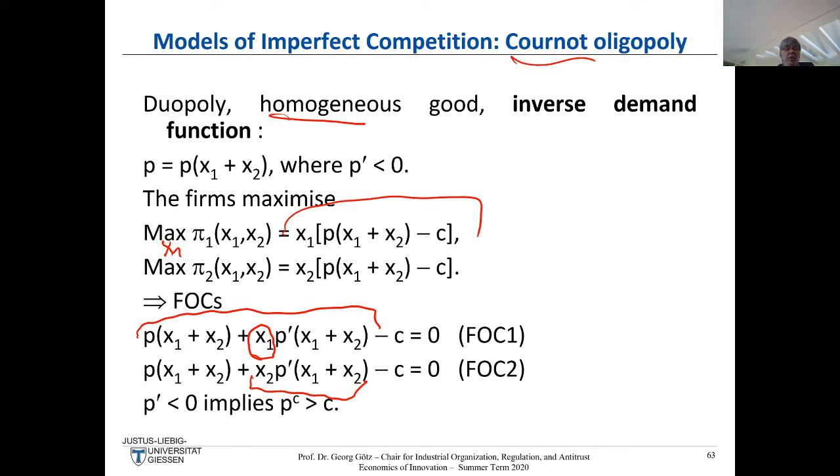So because P prime is negative, the price under Cournot is higher than the marginal cost. Why is that interesting? Because in Bertrand we get a completely different result: we get price equal to marginal cost. Here we get a different result.